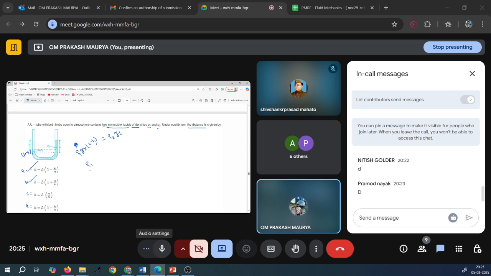Rho 1 divided by rho 2, L minus H is equal to 1. So you need H.